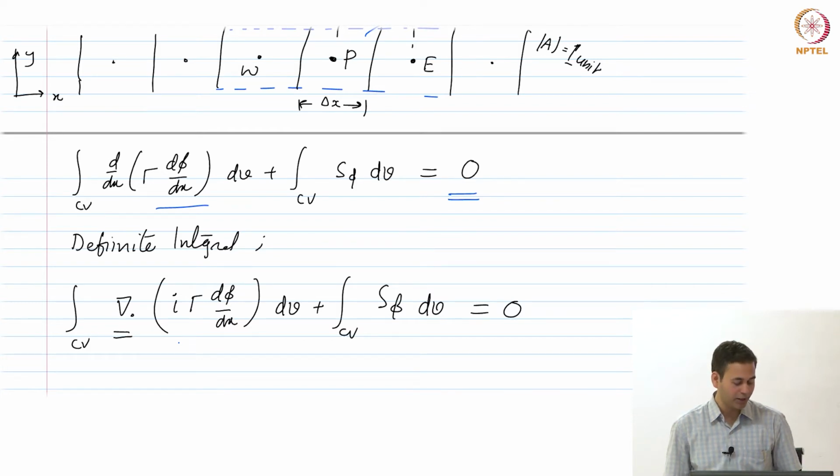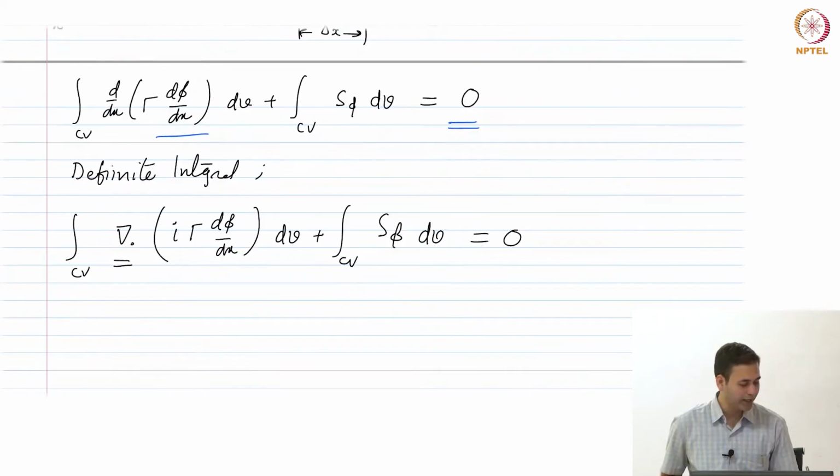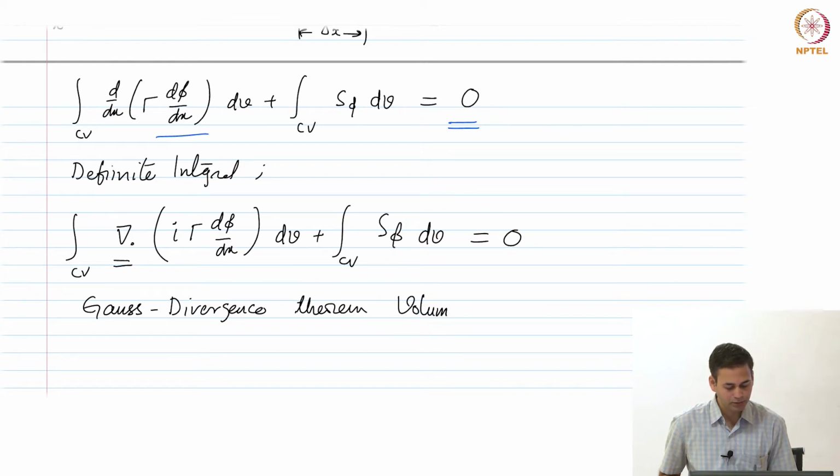First, let me apply Gauss divergence theorem and convert the volume integrals to surface integrals. I would convert the first term into a control surface integral. What would be Gauss divergence theorem?